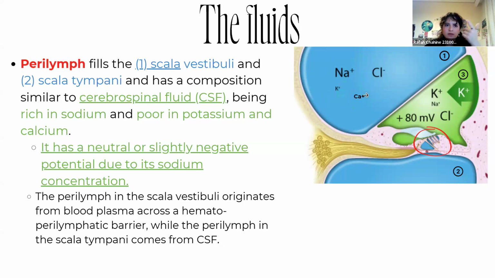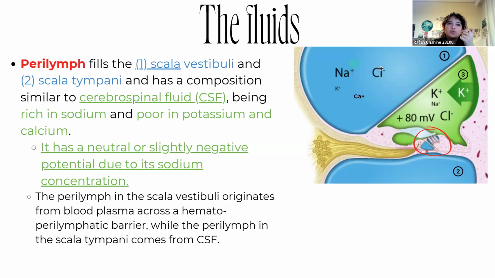So again, perilymph, the fluid inside of the scala vestibuli and the scala tympani, is very similar in composition to CSF, or cerebrospinal fluid. Now, this leaves it with a very slightly negative or fully neutral charge.